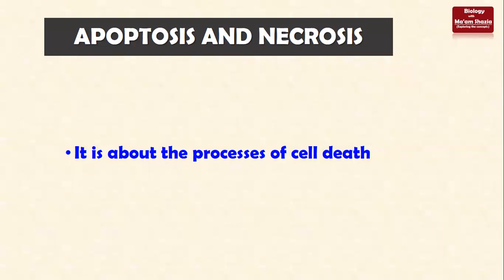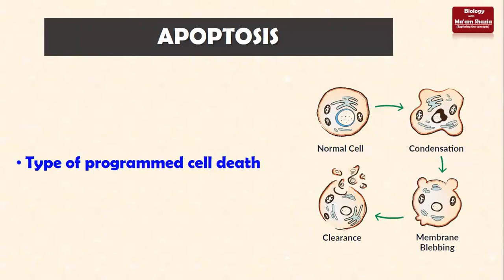First of all, I want to give you a brief review about apoptosis, the term pronounced as apoptosis, right? Apoptosis is actually a programmed cell death. It means this is the type of cell death which is needed by your body, right? This is for all of the cells which are old, which have to die now.